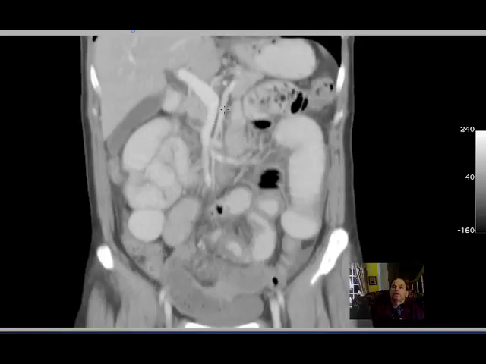It's surrounded by fat. You see the dark gray adjacent to it? That's fat. And so this is superior mesenteric artery, and it goes down from the root of the mesentery here, our little home spot around the pancreas, and branches out to provide arterial supply to the small bowel.